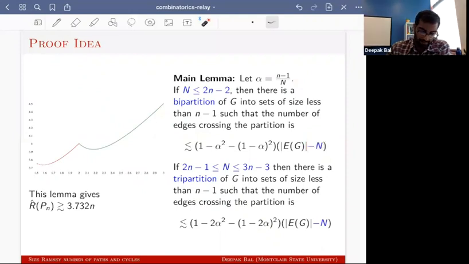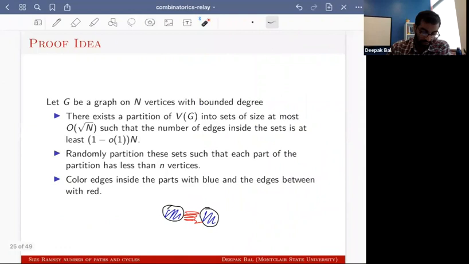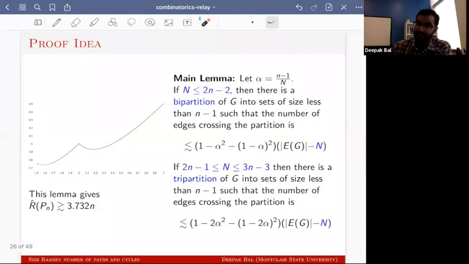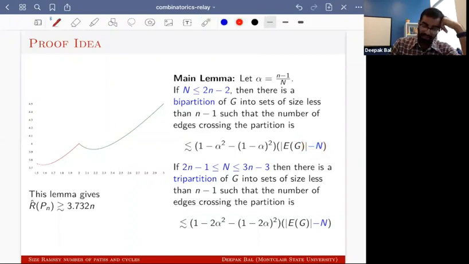But the result I told you about over here, the fact that you can capture about n edges inside of these small sets, guarantees that those n edges will land within the parts, within the left and right hand parts, right? So that gives you this savings of minus n here. And essentially you're good if the number of edges crossing the partition is less than n minus 1.